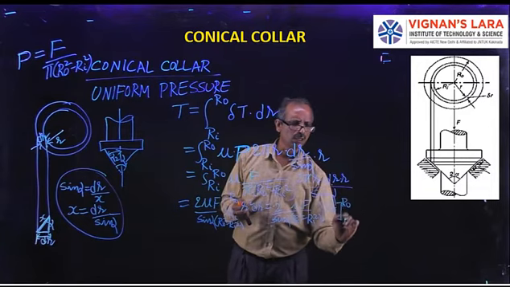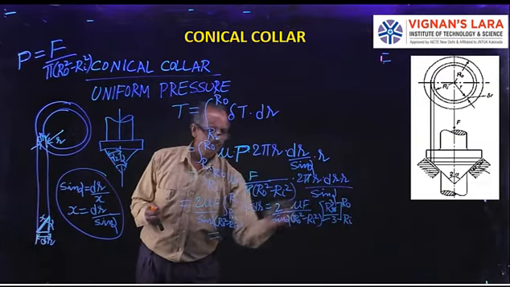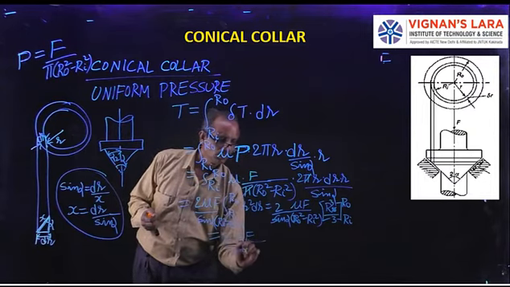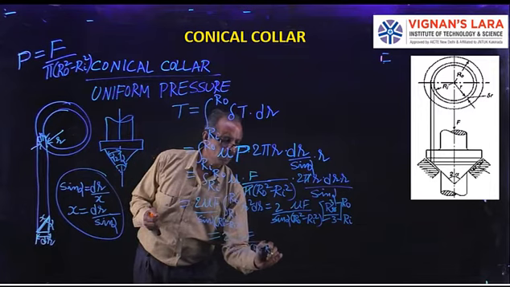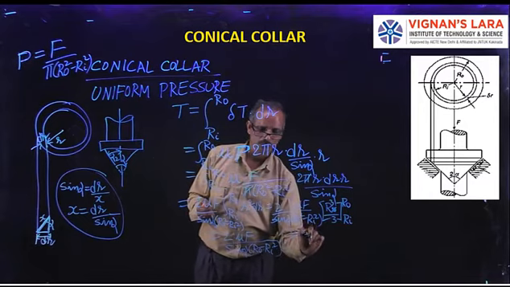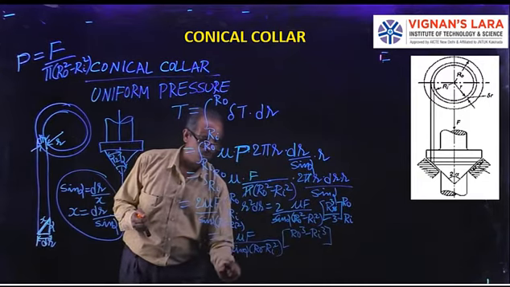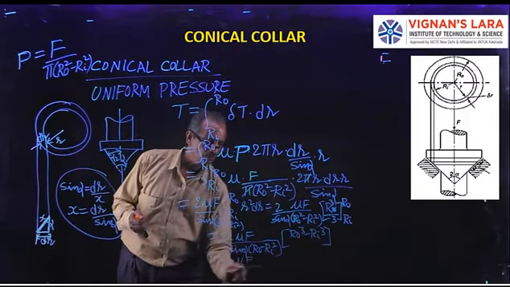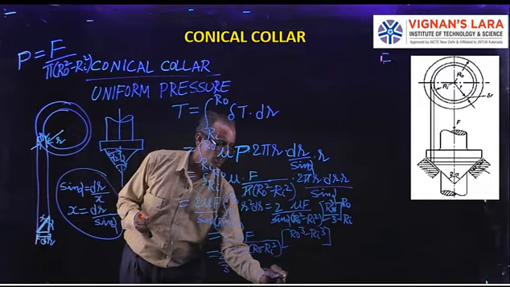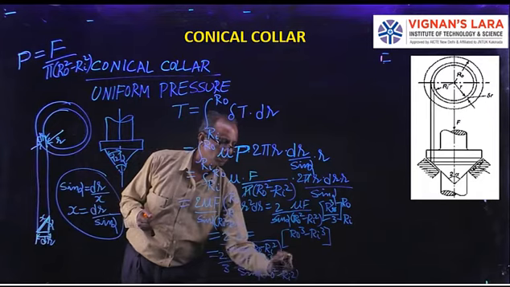Then your final equation is 2/3 mu F by sine alpha into (R naught cube minus Ri cube) by (R naught square minus Ri square).